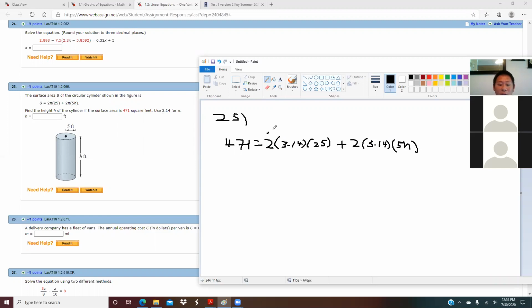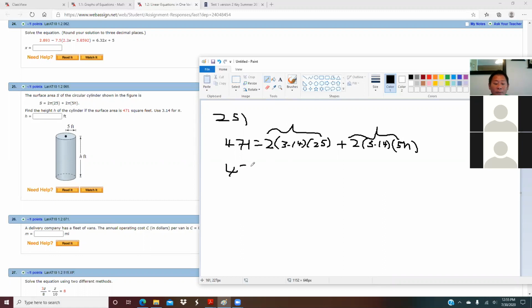So use your calculator and calculate this and that because those are all decimals. Yes, take out your calculator. So 2 times 3.14 times 25, that is 157.